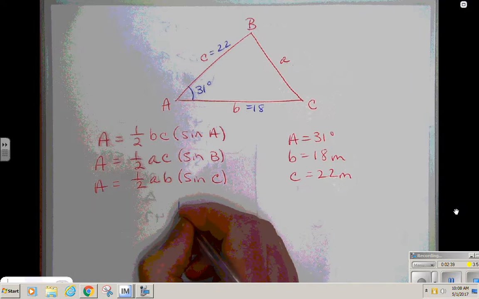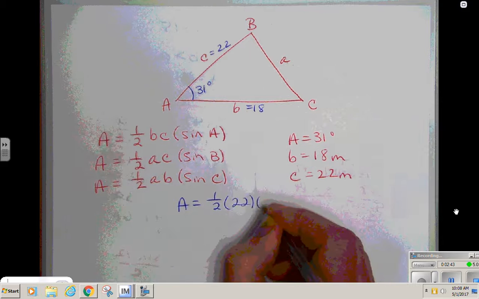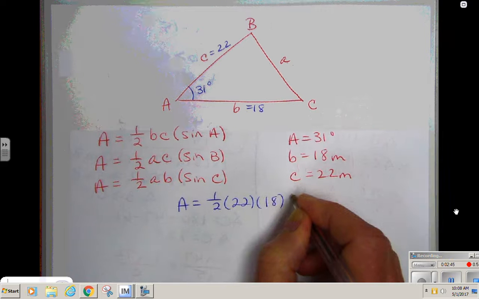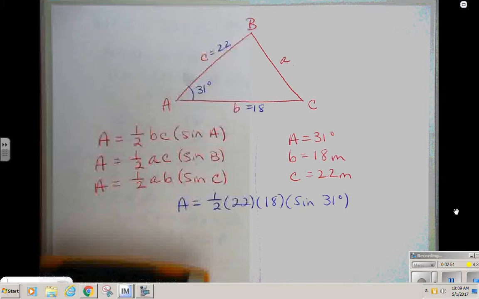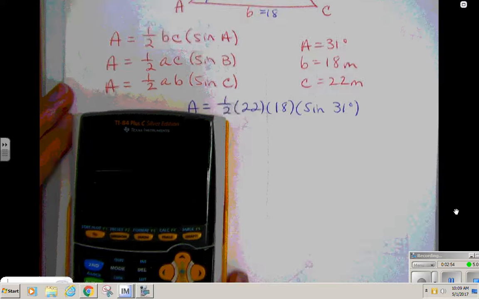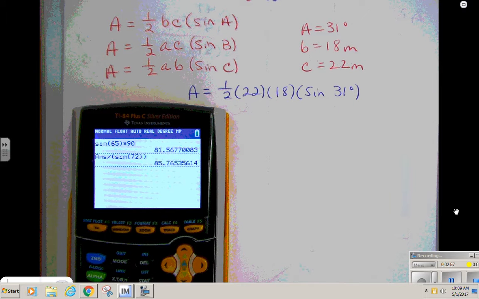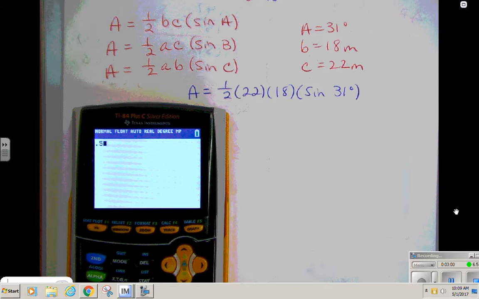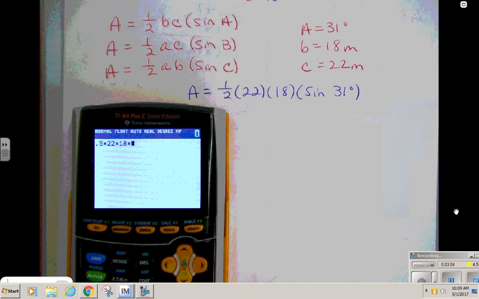To get the area, I'm going to take 1/2 times 22 times 18 times sine of 31 degrees. So we're going to type that into the calculator. .5 times 22 times 18 times sine of 31.